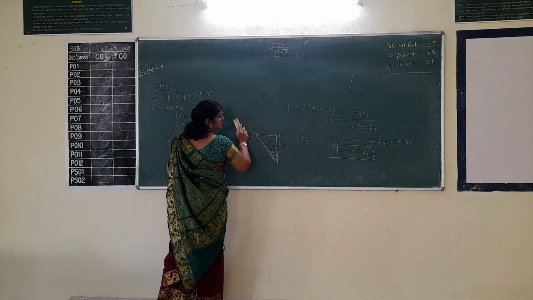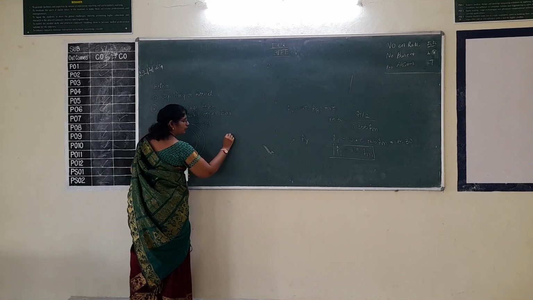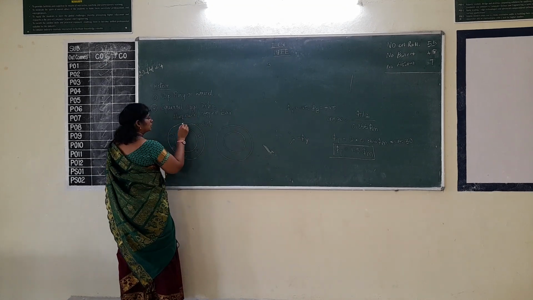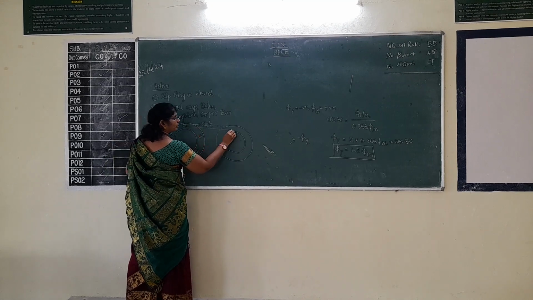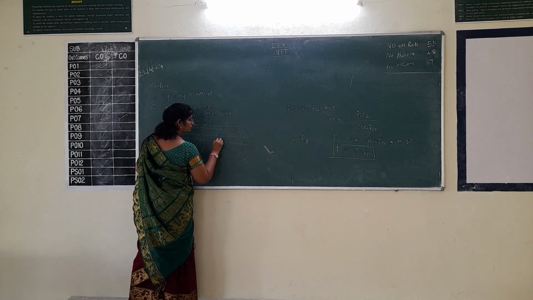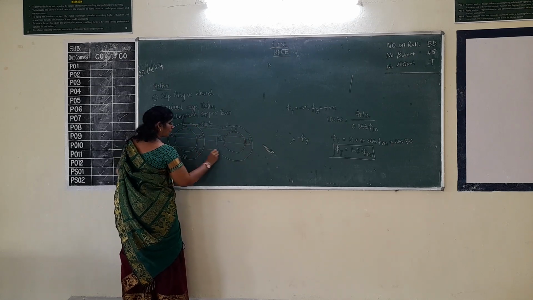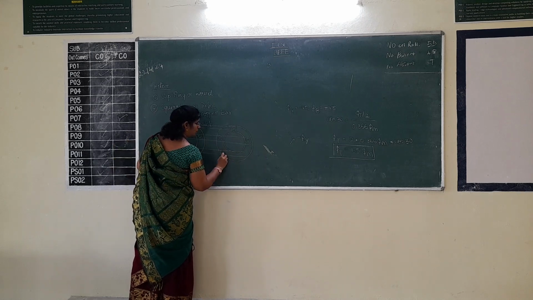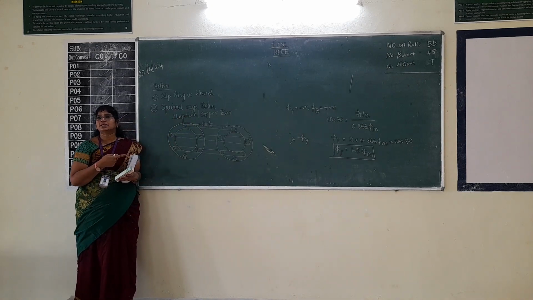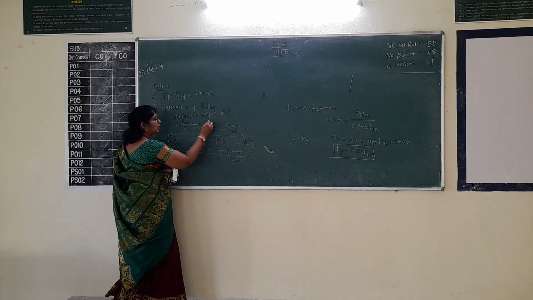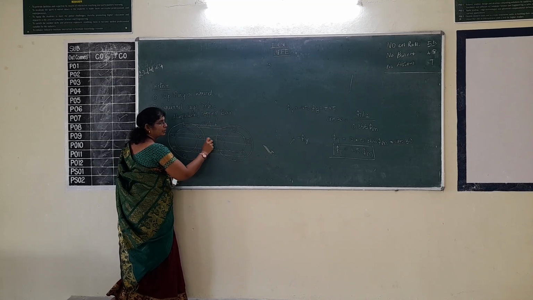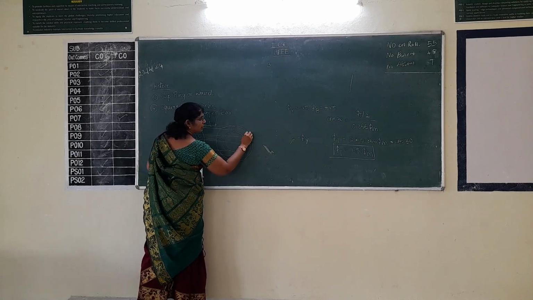When you go for a side view, we will be having one more shape. So here we will be placing copper or aluminum bars. End is short circuited.